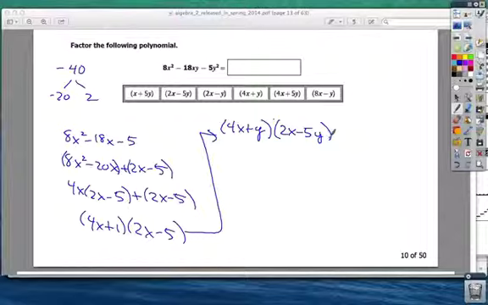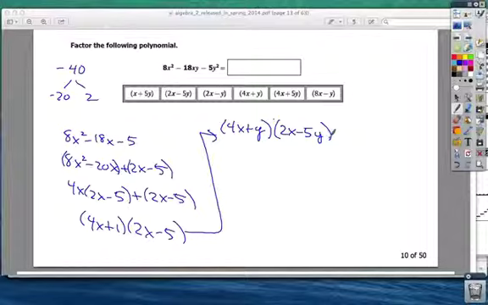Now, in that, there's not that many factors. You could have just done a guess and check. You know, let's say if I put x plus 5y here, then the other one would have to have 8x as the first term, so that 8x times x is 8x squared, right there. So just FOIL it and see whether you get the right thing.